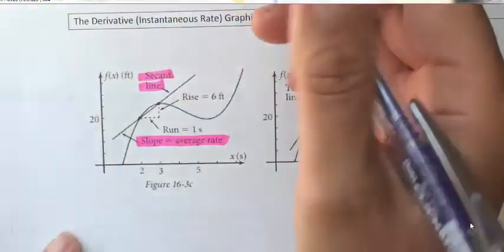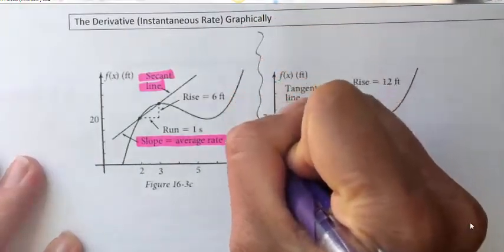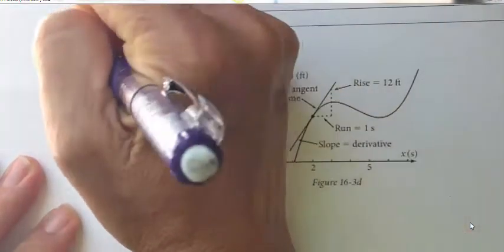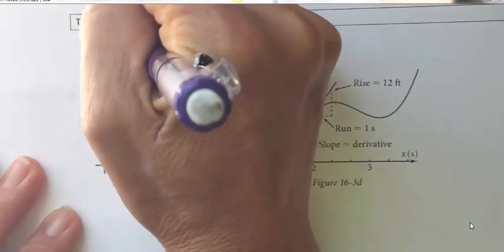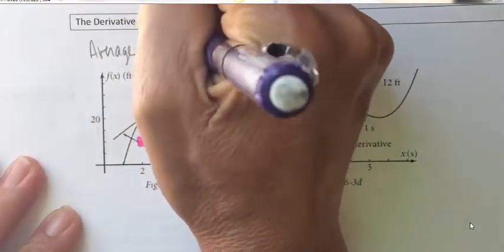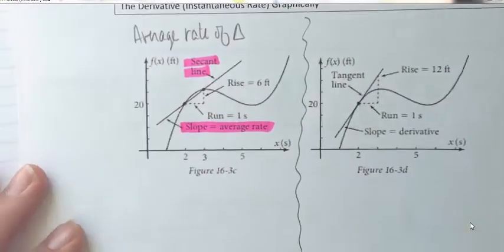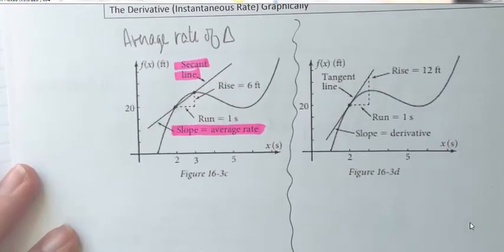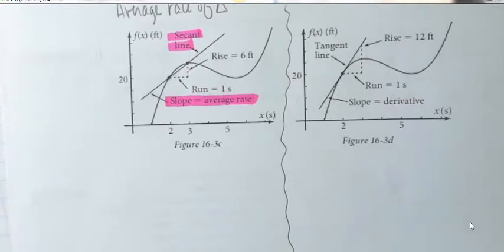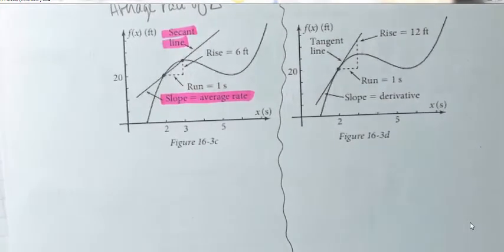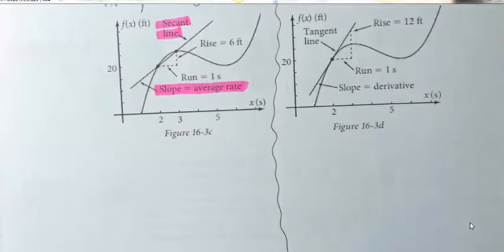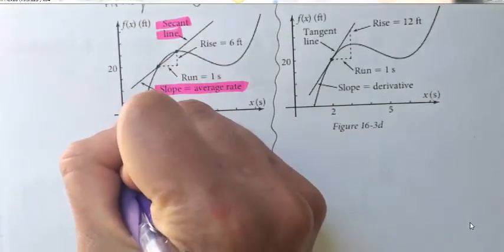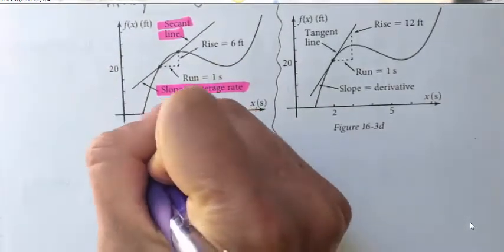So this one, I'm going to kind of divide these into 2. This is going to be my average rate of change. I'll use the little delta symbol for change. All right, so the first thing you want to do whenever you're dealing with average rate of change is you need to know your x's and your y's, right? So I'm going to make myself a little input-output table.